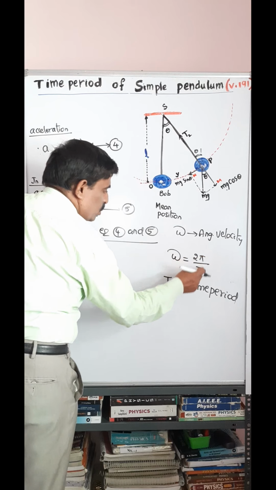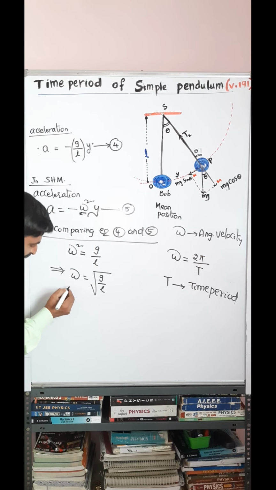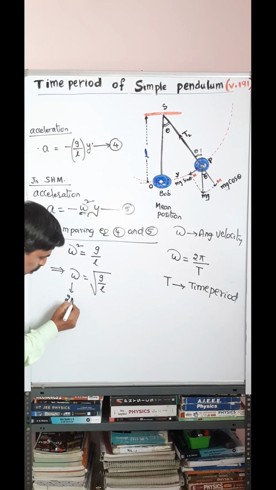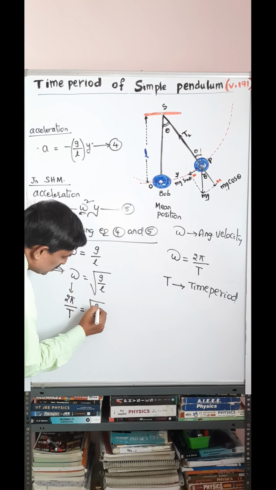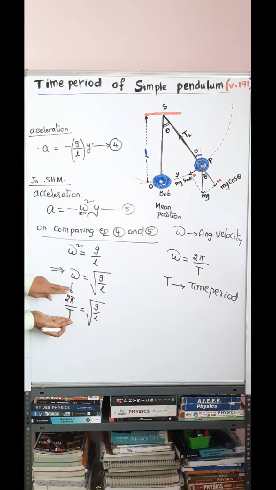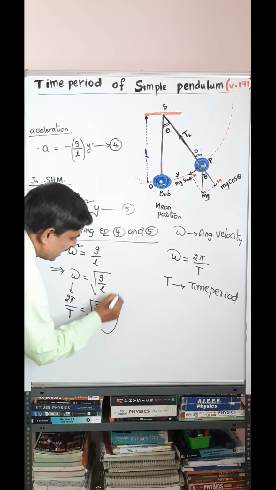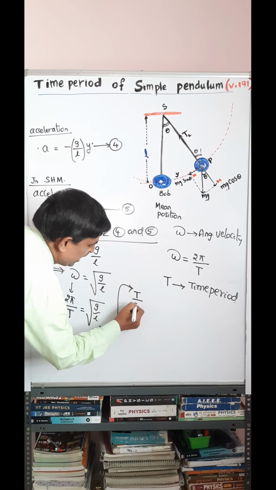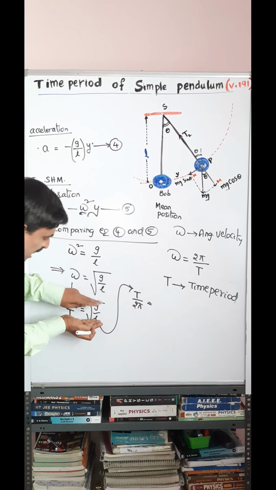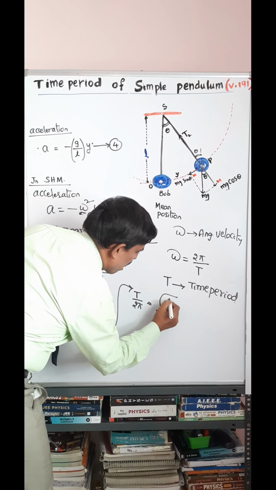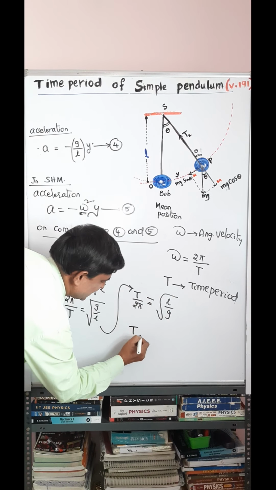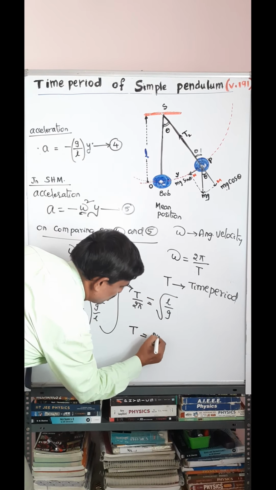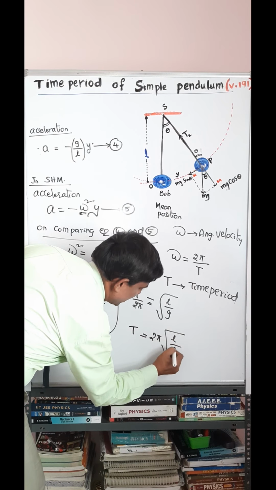Now, omega is equal to 2 pi by T. In the place of omega, I am writing 2 pi by capital T, that is equal to the square root of g by L. Now reversing the order, T by 2 pi is equal to the square root of L by g. 2 pi goes to the numerator, T is equal to 2 pi into the square root of L by g.